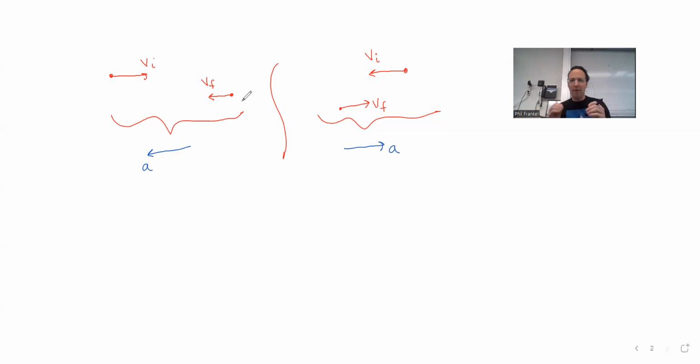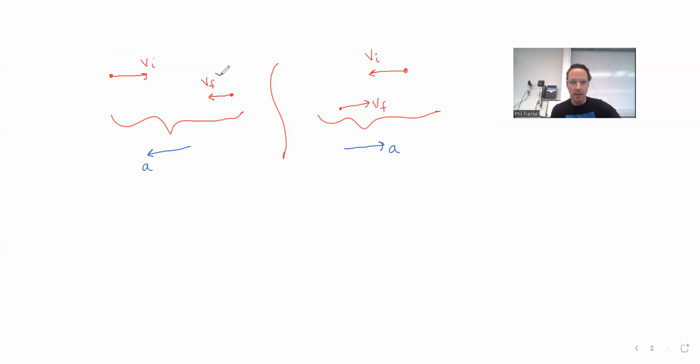Okay, as I was saying, or if the object turns around during the process, I know that the acceleration points in the direction that the object ends up moving. Actually, there is something more to say here, because take a look at this example here for a moment. If the object is moving to the right, but accelerating to the left, it should slow down.